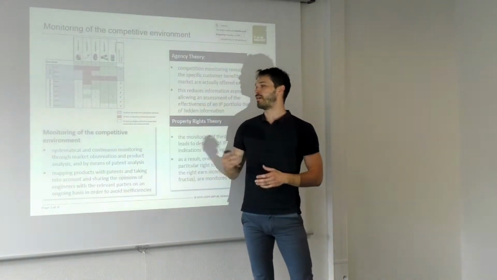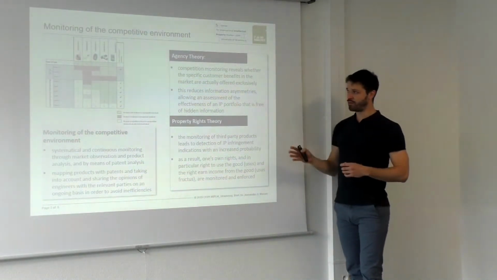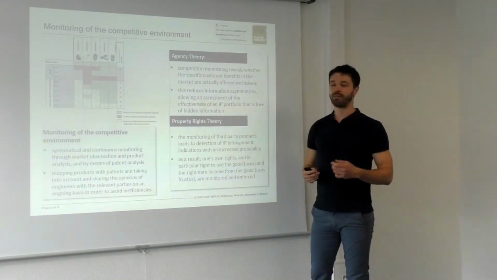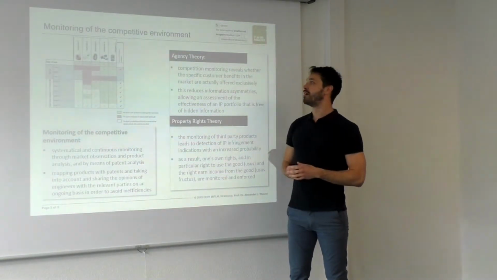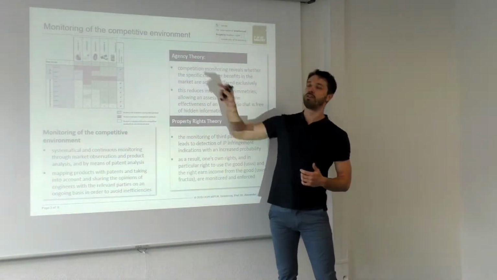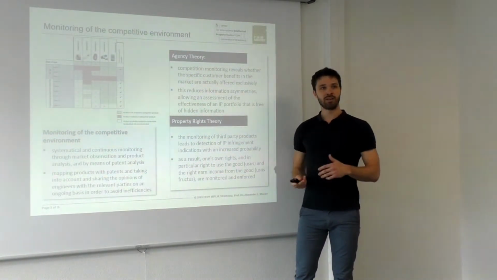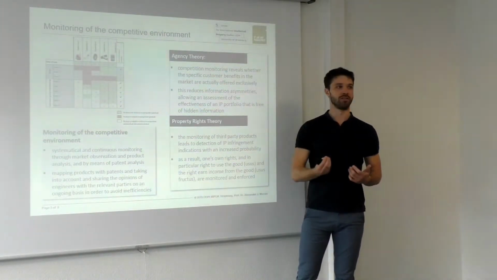So from an institutional economics point of view, why is this improving our efficiency? First, we will generate information. And then this information that will be used in portfolio assessment, we can consider, according to agency theory, that we will reduce the hidden information. And by doing that, we will reduce the information asymmetry, so we'll get more efficiency.